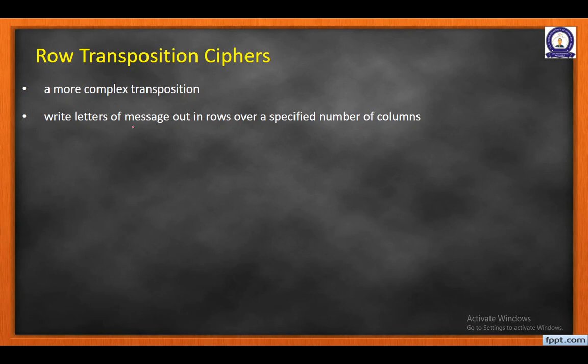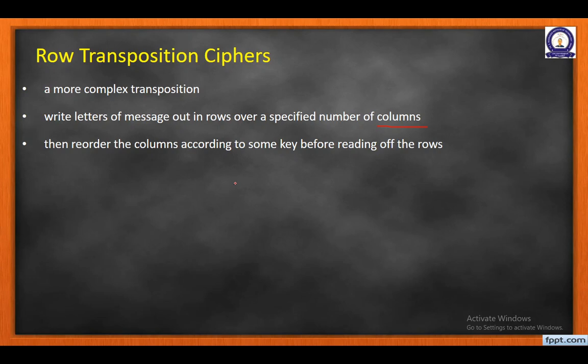Here, write the letters of a message out in rows of a specified number of columns. The columns will be mentioned. Then reorder the columns according to some key before reading off the rows. So here also we read the message row by row to convert it into ciphertext, but we will be using it with some key.